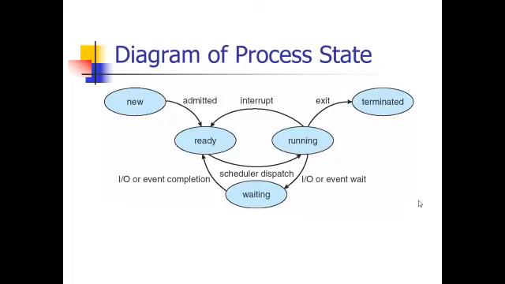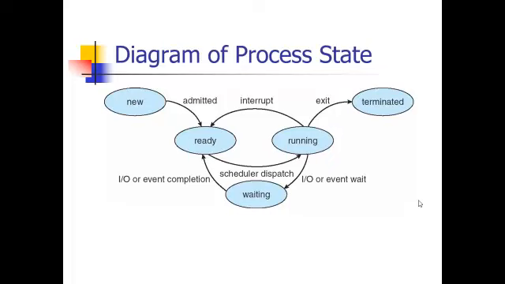Then the CPU will stop the execution of that process and put it into a waiting state. That means that particular process is waiting until that particular input output operation completes. On completion of that input output operation, it will be put back again into the ready queue.